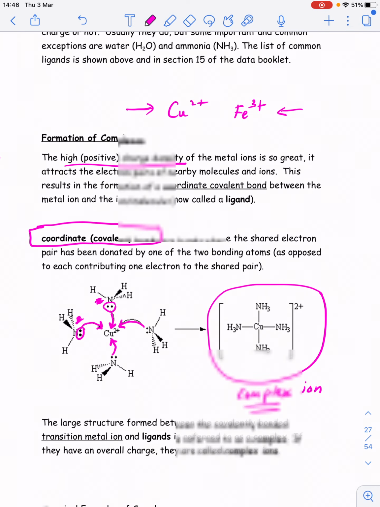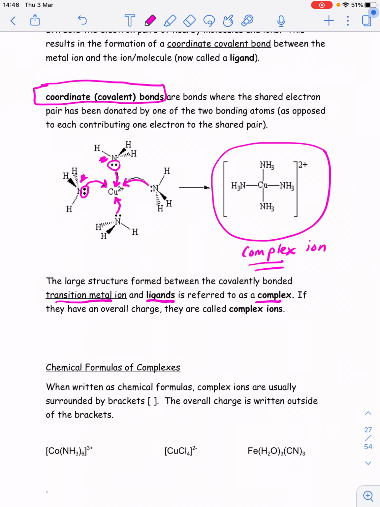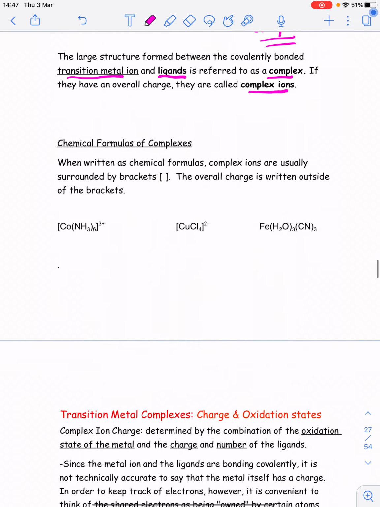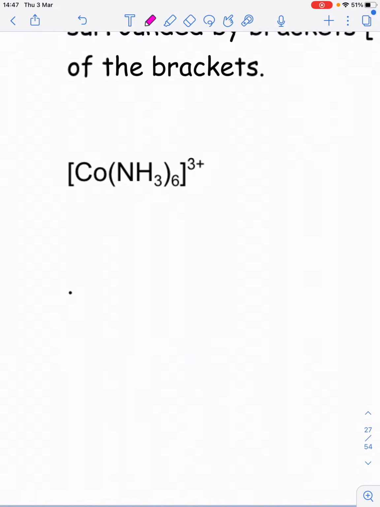And so a complex is when you have a transition metal ion that has a bunch of ligands that bond to it with these coordinate covalent bonds, and that's what's called a complex. If it has an overall charge, we can call it a complex ion. The way that the formulas get written for complexes, they tend to put the complexes in brackets, so like this.